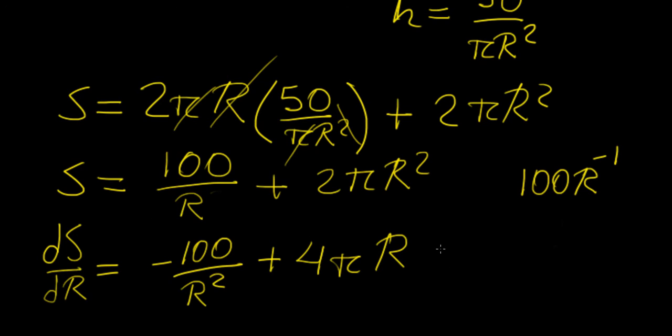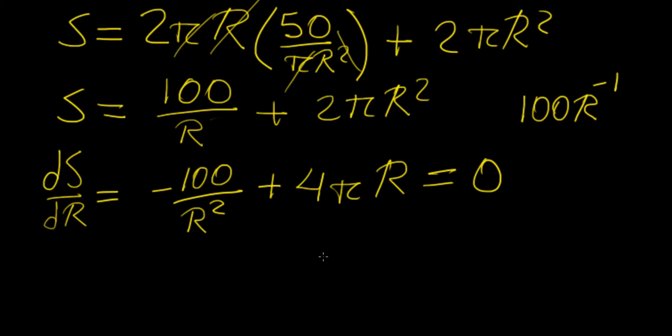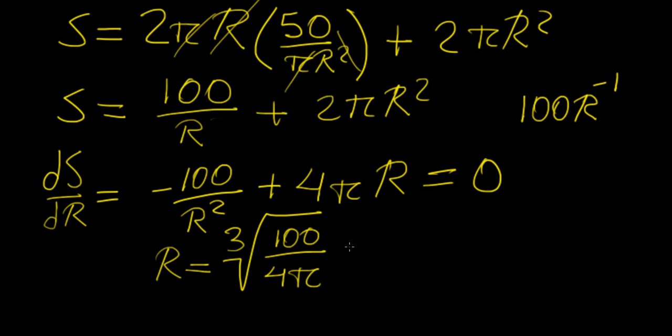And we want to make this equal to 0 because we want to find these stationary points that will give us maximum and minimum values. So after a little bit of algebraic manipulation and rearrangement, we find that r should be equal to the cube root of 100 over 4 pi, and this should be approximately equal to 1.9965 centimeters.